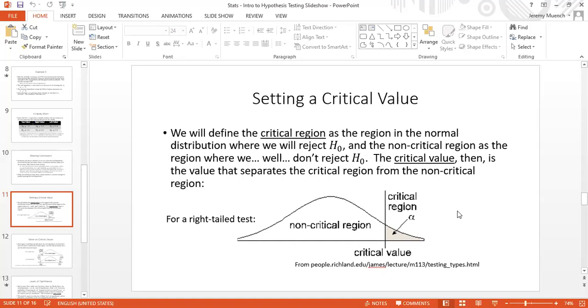So here, the critical region that I'm pointing out is the region in which I say, if I get a z-score for my test value, not my population value, because the population value is going to be the mean, but if I get a z-score for my test value that's out here, this is when I'm going to say, well, the null hypothesis isn't good. The null hypothesis isn't working for me, so I'm going to reject it.